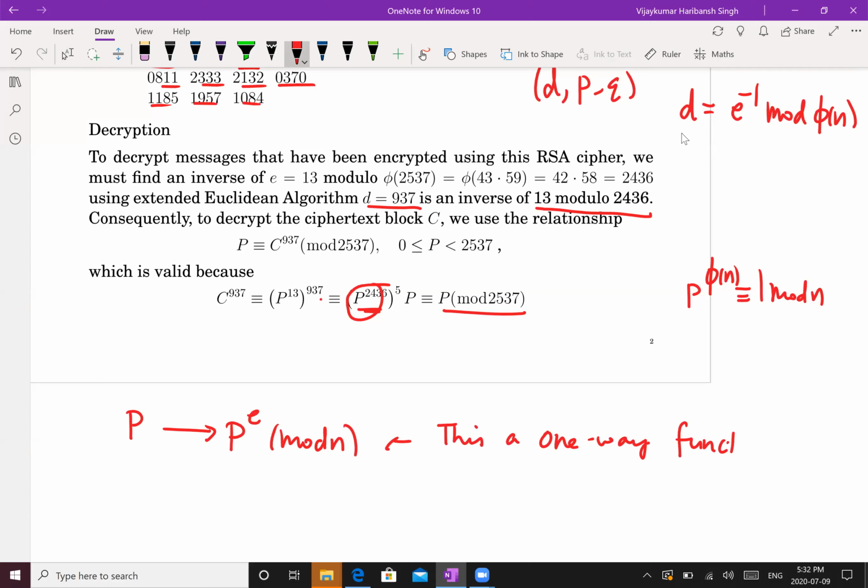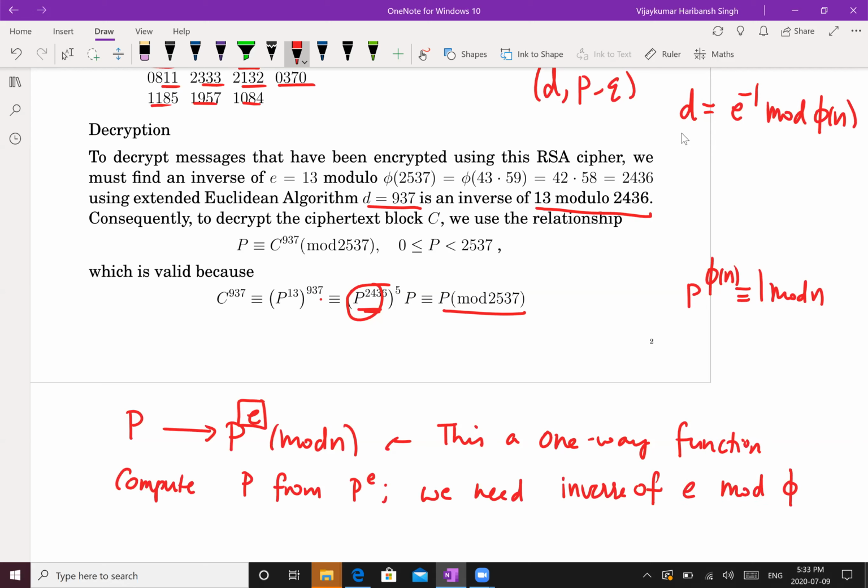That means it's easy to compute, as you can see, you can do fast modular exponentiation, but it's hard to invert. The security lies in this: to compute P from P to the E, we need the inverse of E mod phi of N.